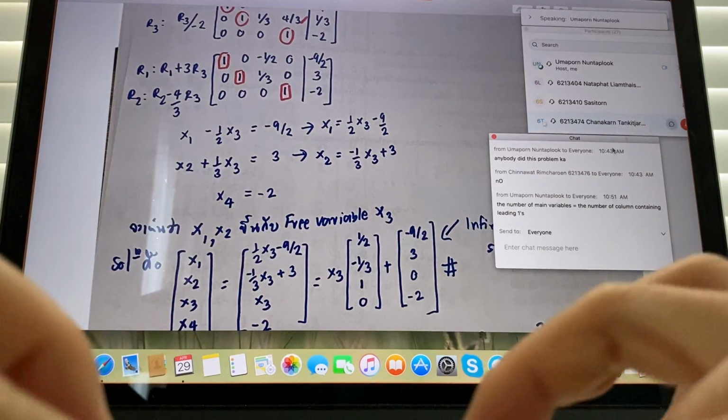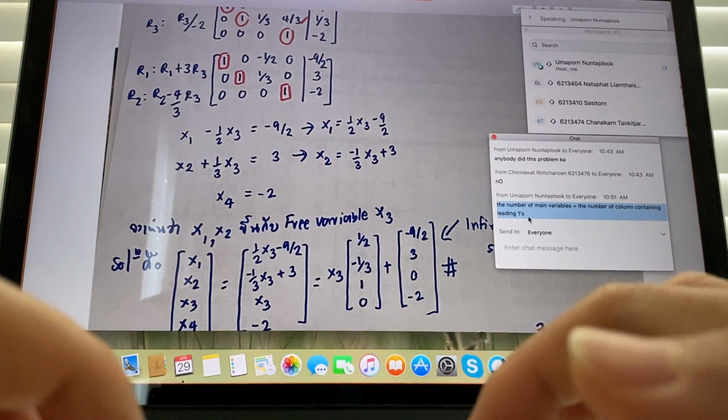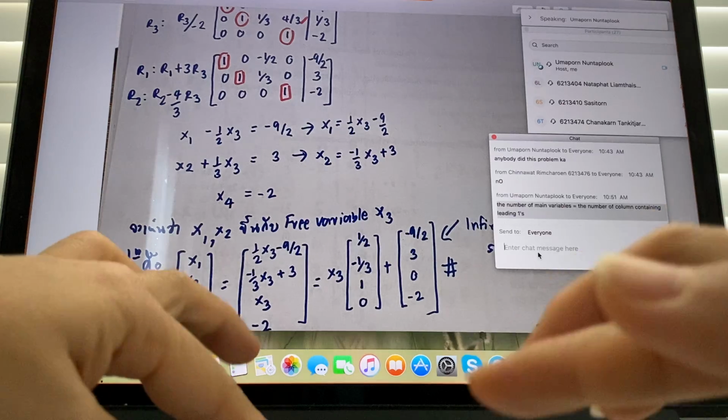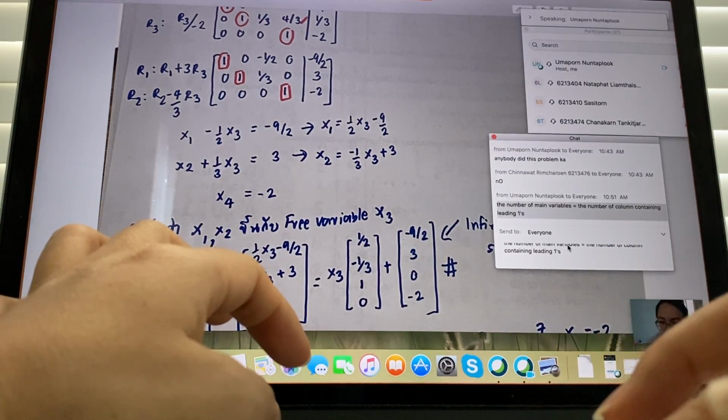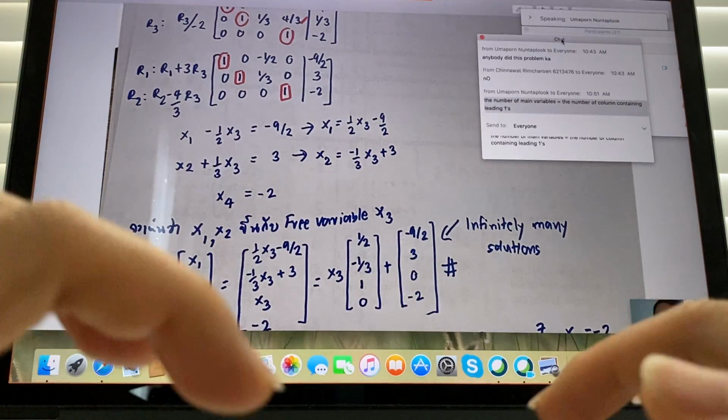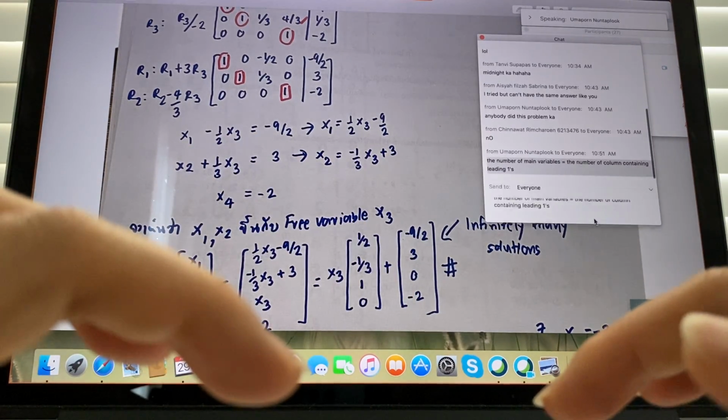How about the number of free variables? You can keep this, so at least you can summarize it.